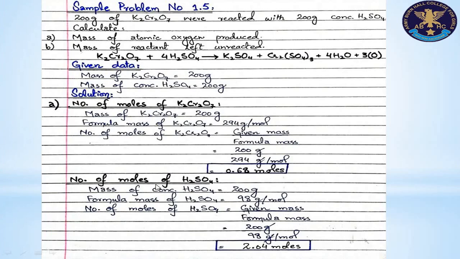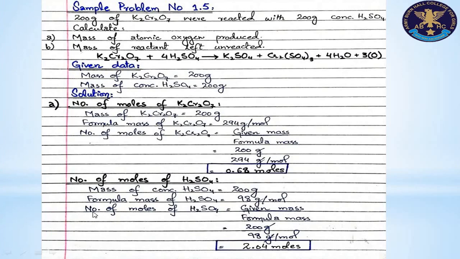Now we will calculate the number of moles of sulfuric acid. The mass of concentrated sulfuric acid is equal to 200 grams, while the formula mass of sulfuric acid is equal to 98 grams per mole. We consider this sulfuric acid as an ionic compound depending upon the splitting of this hydrogen from the bisulfate ion.